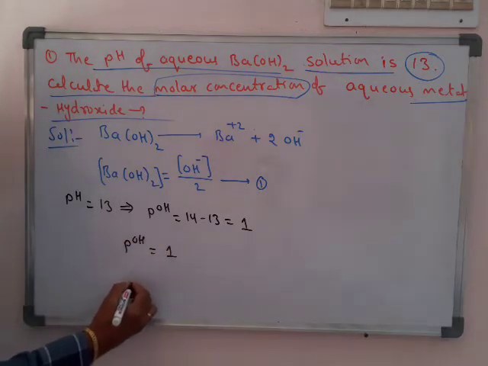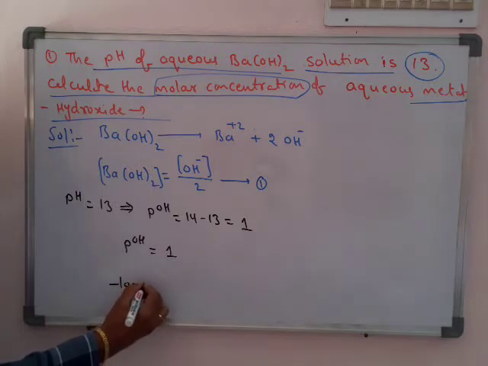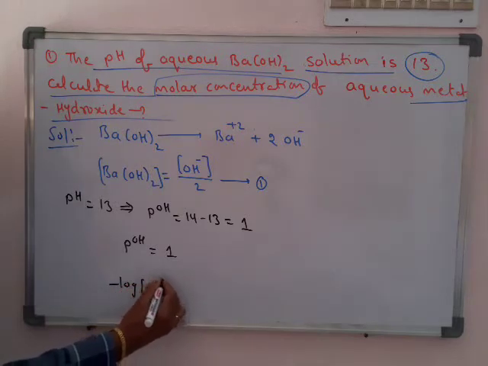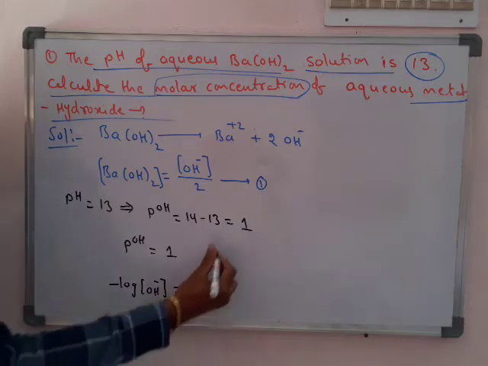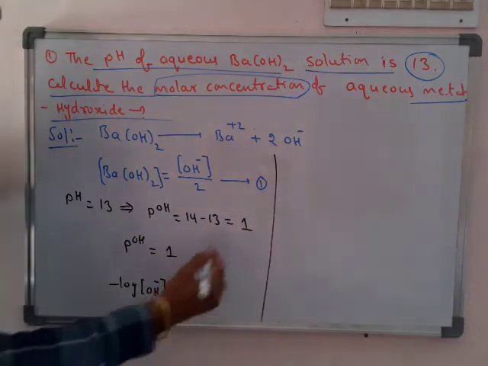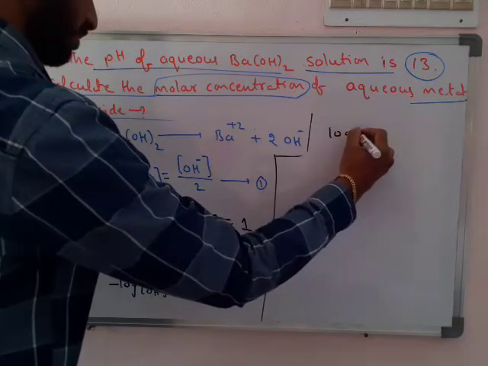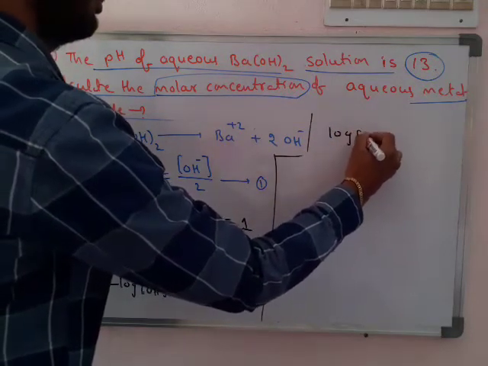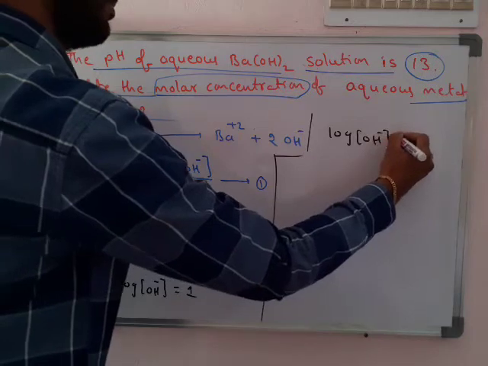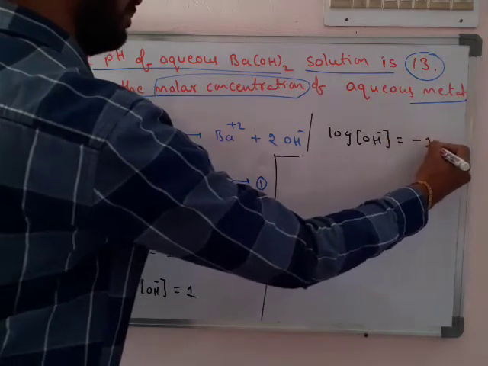So pOH is equal to 1 means what is the pOH formula? Minus log OH minus is equal to 1. Minus log OH minus equal to 1 means what is log OH minus? It is a mathematical formula, that is minus 1.